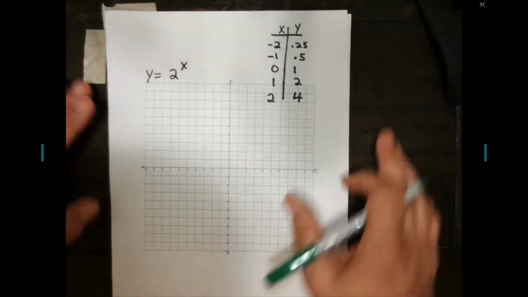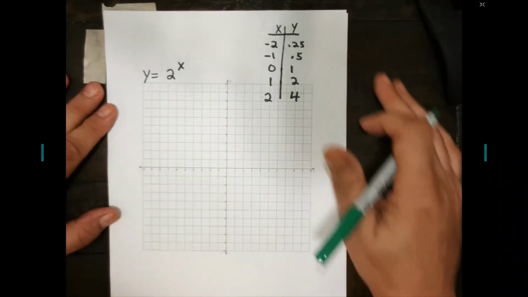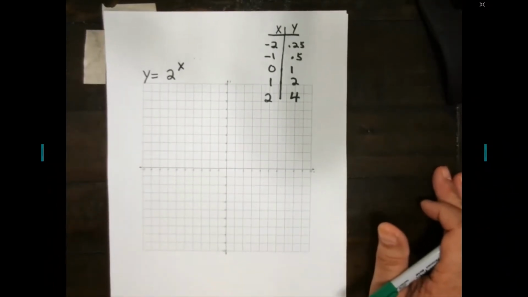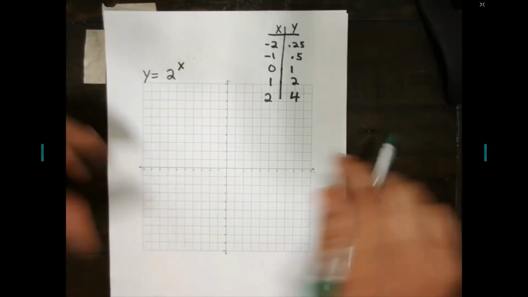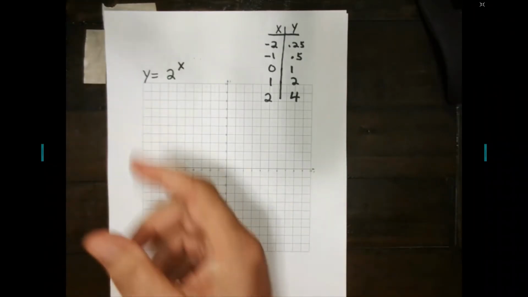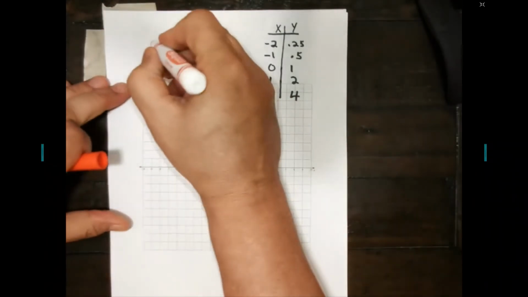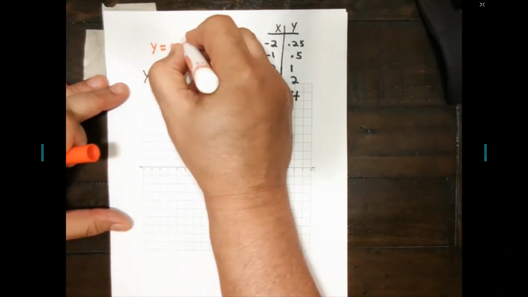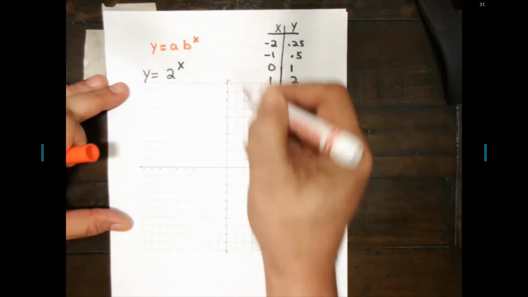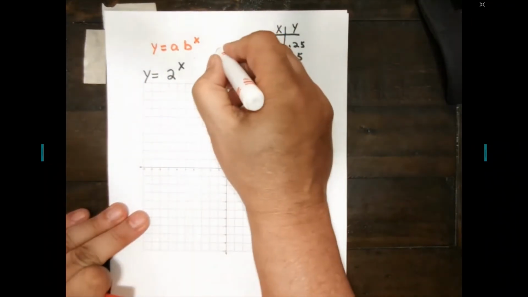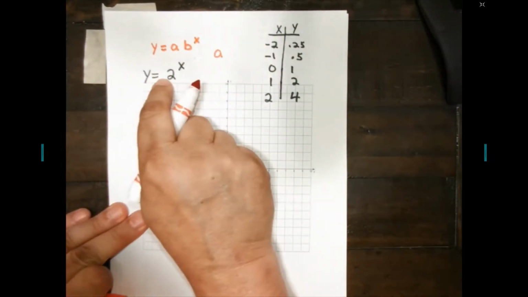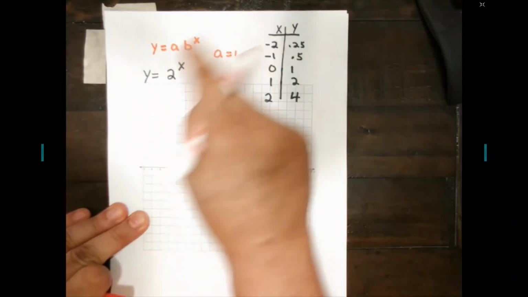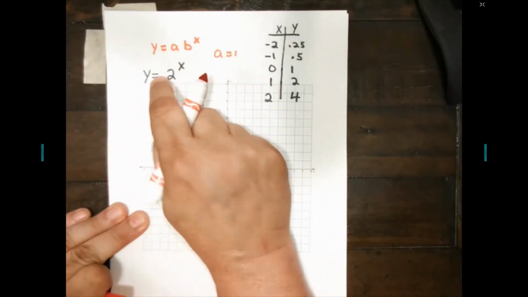Let's look at some examples of how to plot an exponential function. Our equation, again, is y equals a times b raised to the x. You'll notice in this case, my a coefficient is 1. It doesn't say 1, it's understood to be 1.